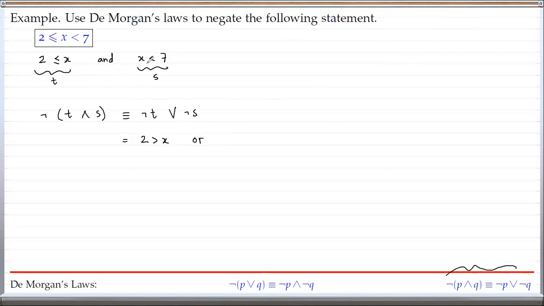Then we have or "X is greater than or equal to 7." So this is the negation: X is less than 2 or X is greater than or equal to 7.